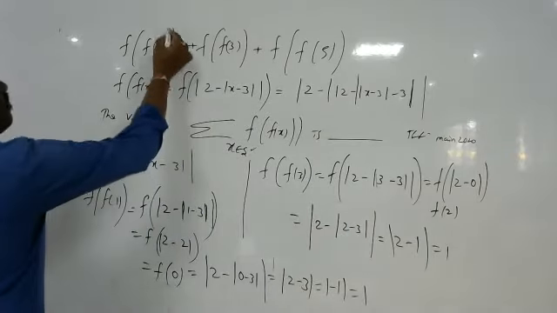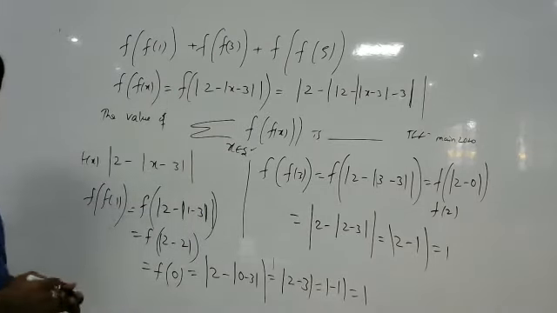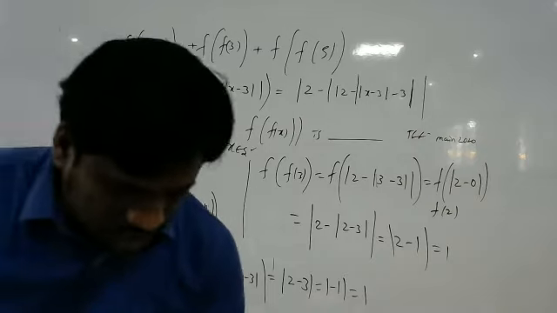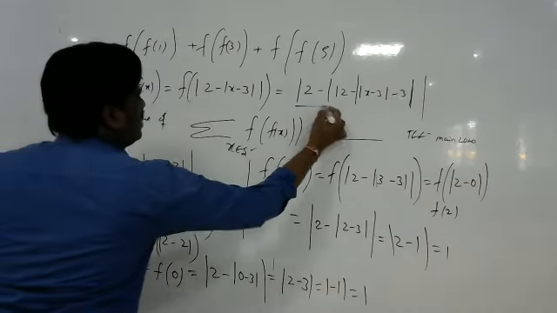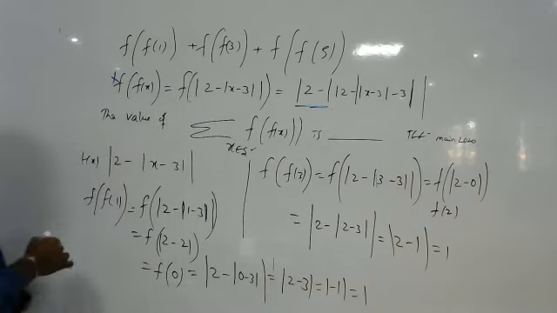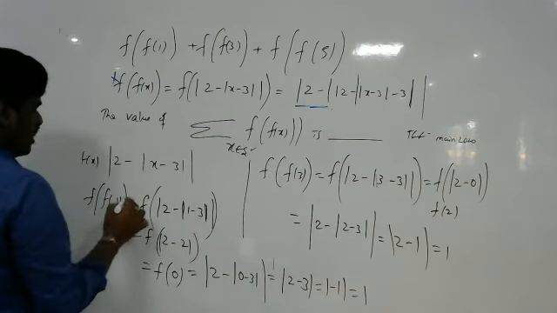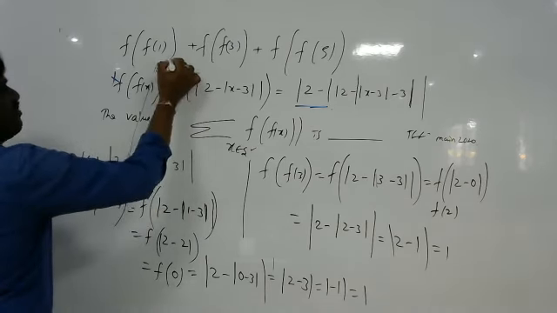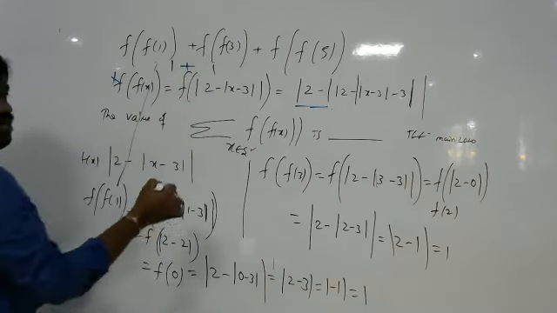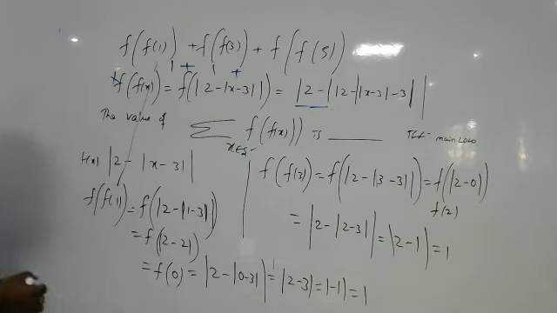So this also I got 1 and this also I got 1. So if you solve individually, that is much better than substituting in this. I think don't refer to this. So substitute f of 1 in this. I got one answer. This is 1, this is also 1, and substitute 5 also.